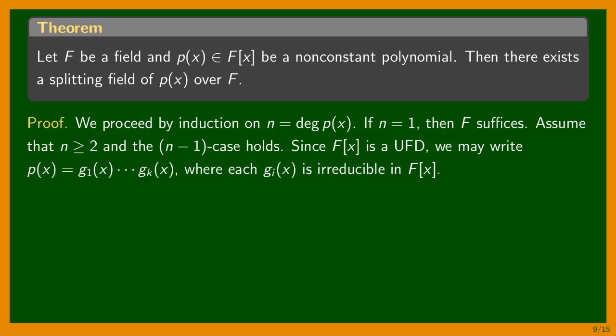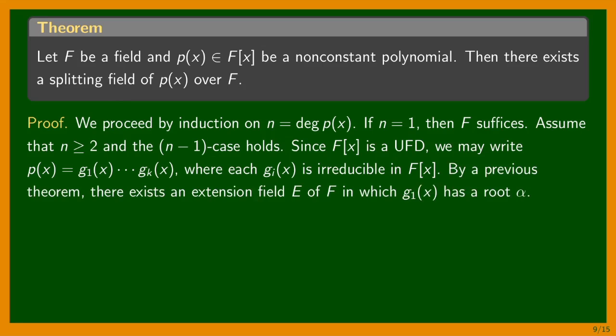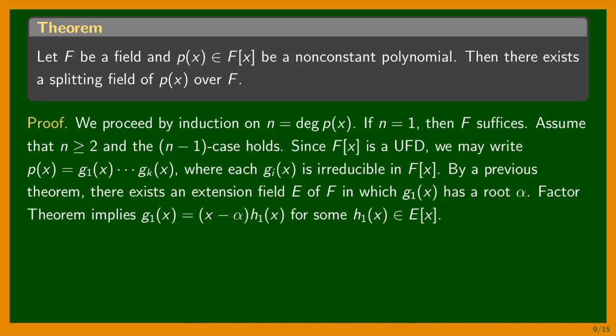Not necessarily linear. Basta ito yung mga irreducible. By a previous theorem, may extension field si F, tawagin natin E, in which yung G1 of X, yung unang irreducible polynomial, has a root. Hence, over this extension, nagka-factor yung G1 of X into the following by the factor theorem.